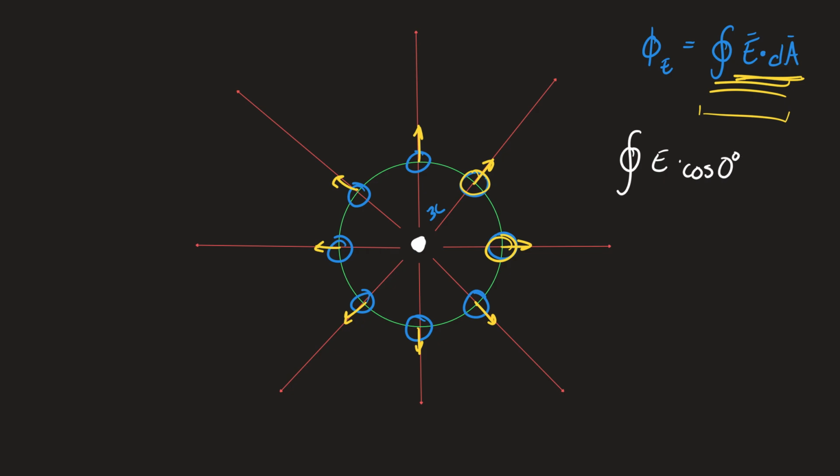So I'm going to take away the dot product and put the cosine of 0 degrees in there. And then that leaves me with dA. Now, if E is a constant, then it passes outside of the integral. We all good so far?